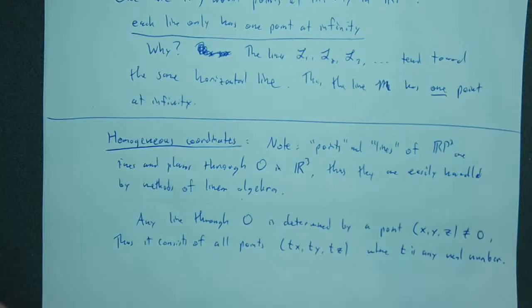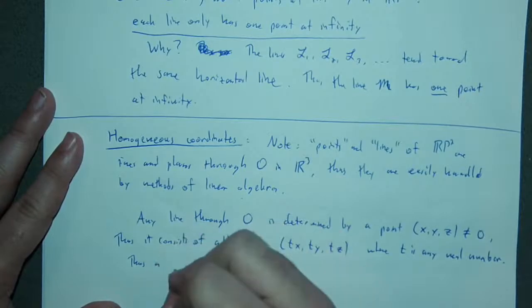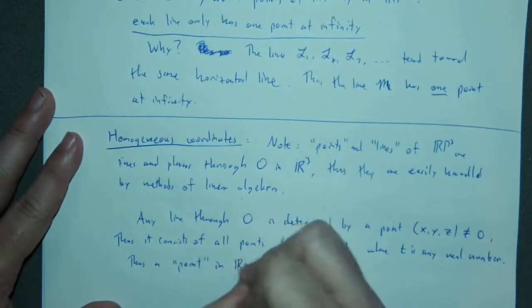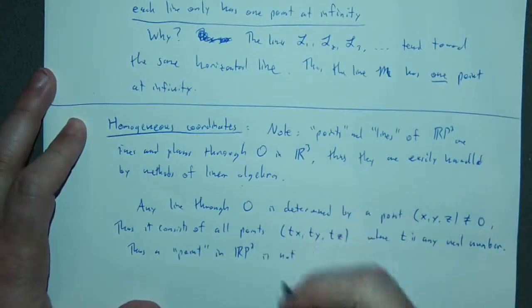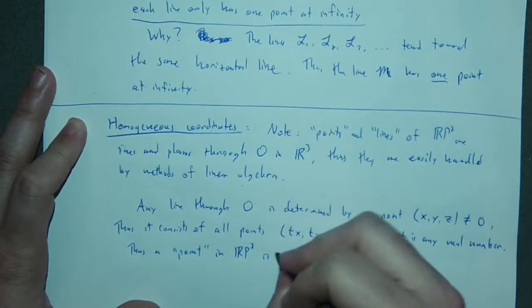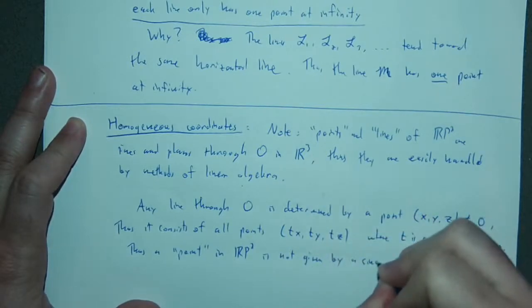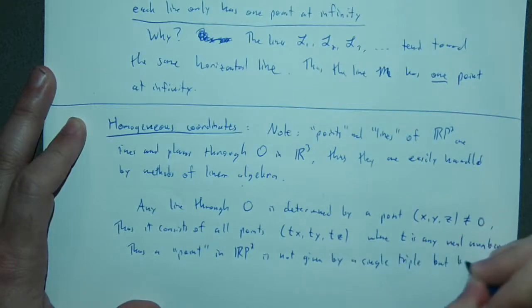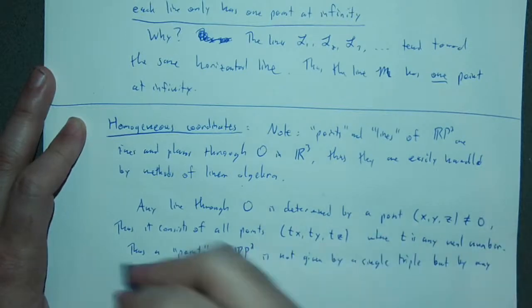Thus, a point in RP2 is not given by a single triple, but by any of its non-zero multiples.